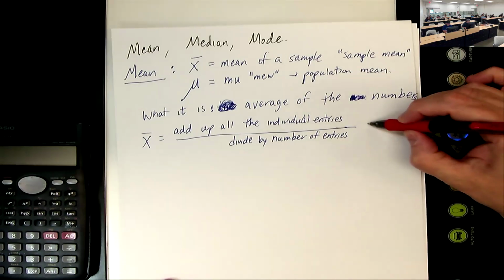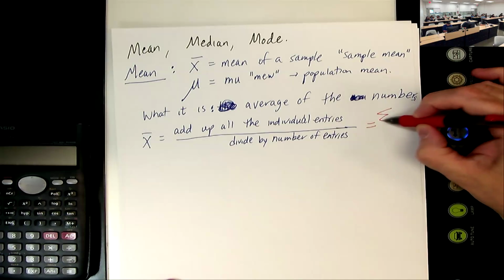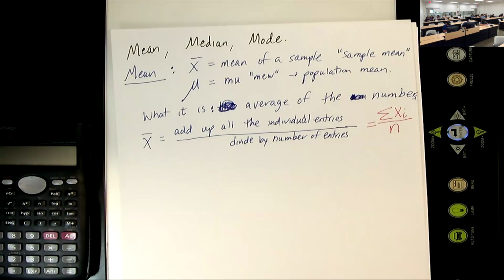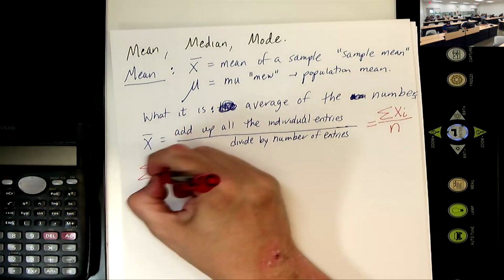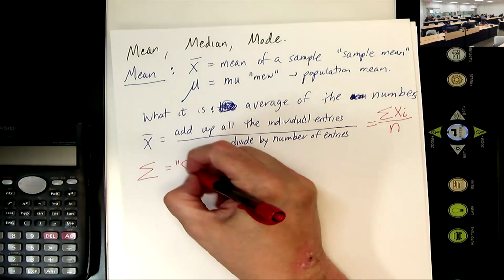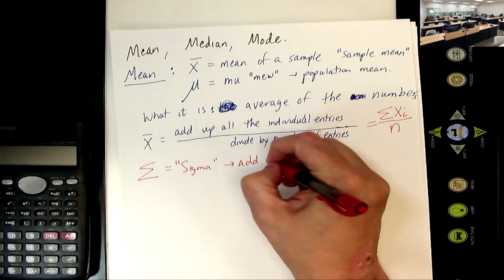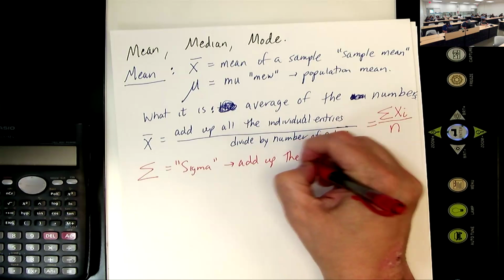You will see this represented as this. That big letter is sigma, capital sigma, Greek letter. It means add up whatever's after it.